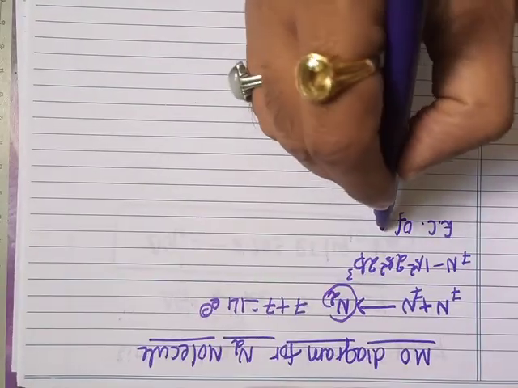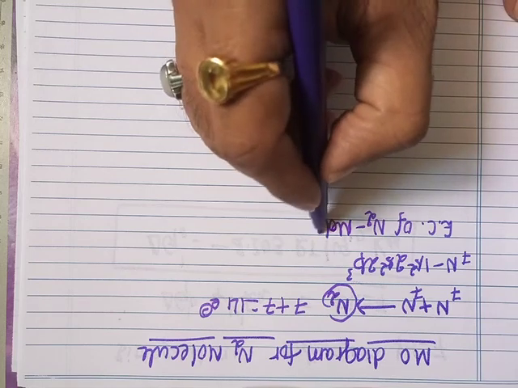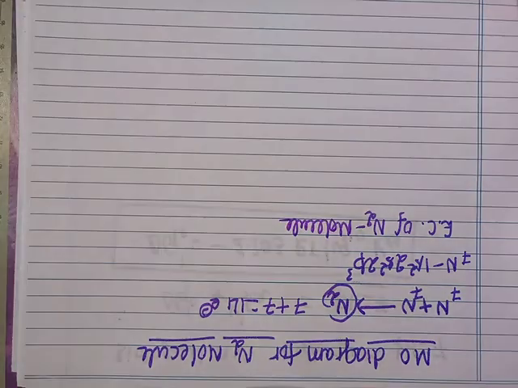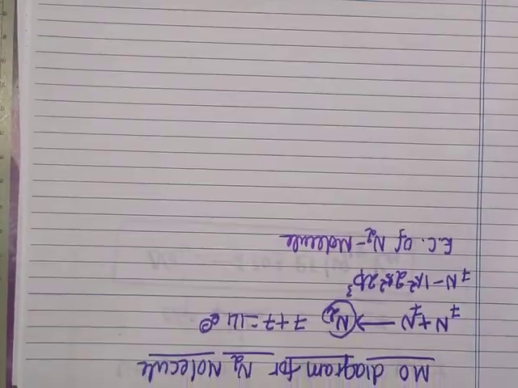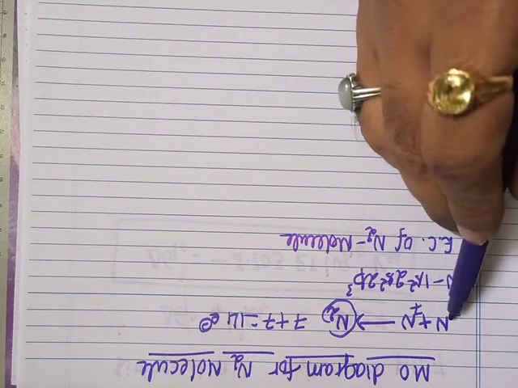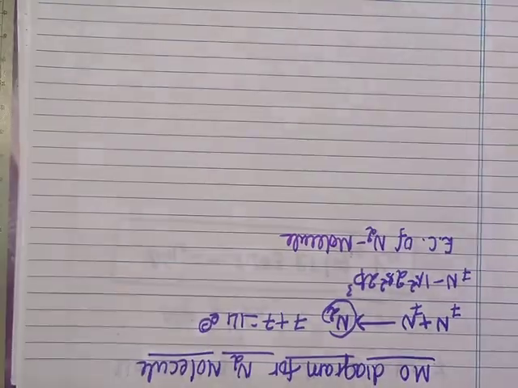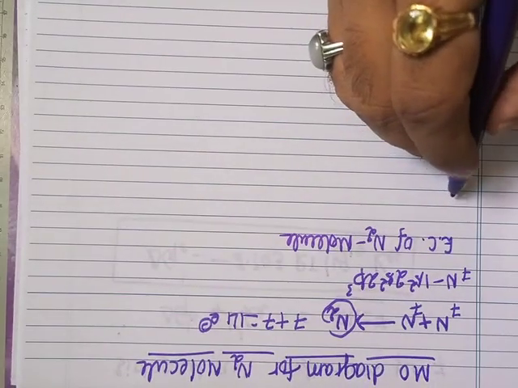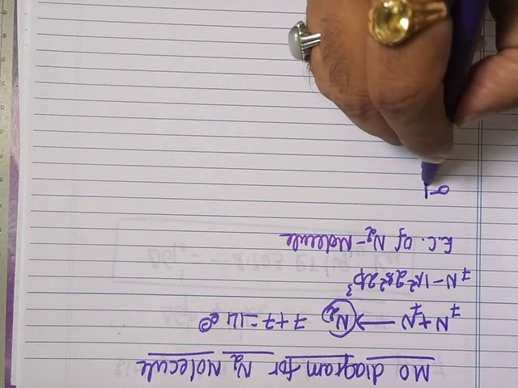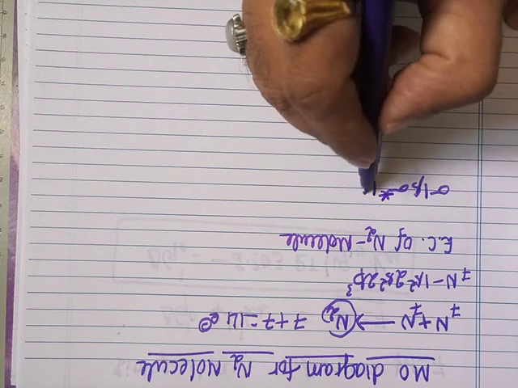Let us write the electronic configuration of the nitrogen molecule. When the 1s atomic orbitals of these two nitrogen atoms combine, they form sigma 1s and sigma star 1s.